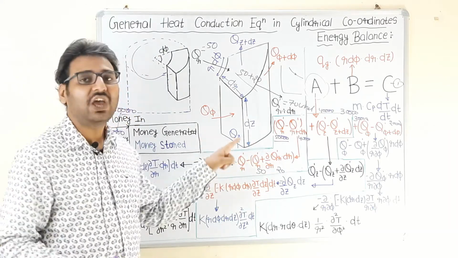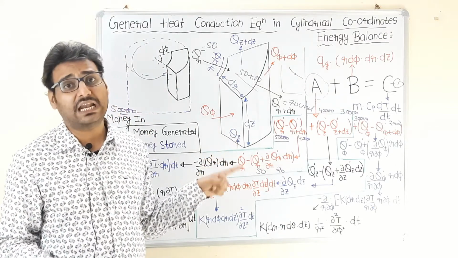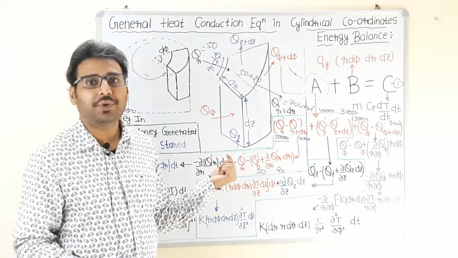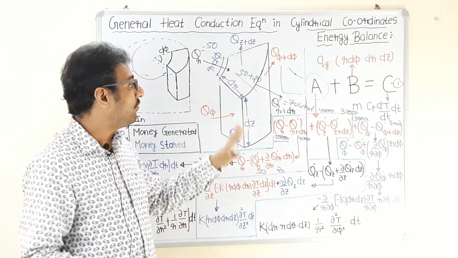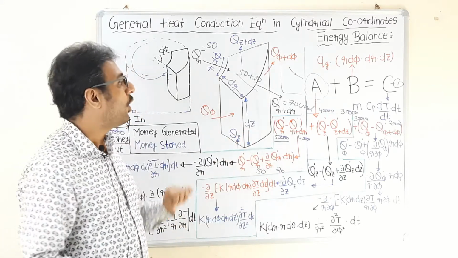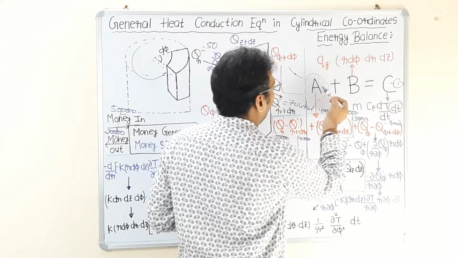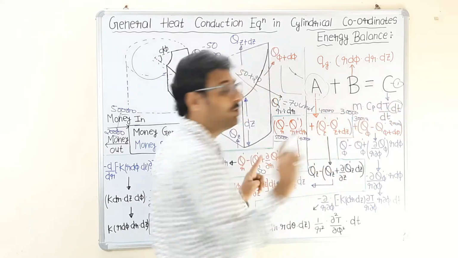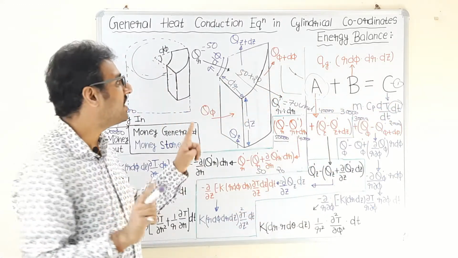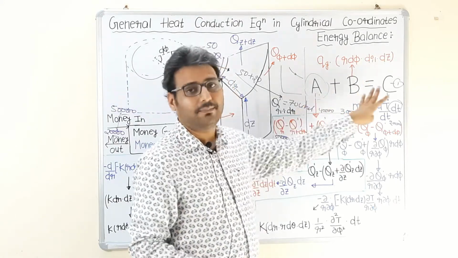In HMT, we denote Q as heat transfer rate, which is basically heat flow per unit time. We are taking here an amount of heat for a certain duration of time. Here time is dt. So all terms in this equation are amounts of heat content, not heat transfer rate, because we are considering thermal energy balance.